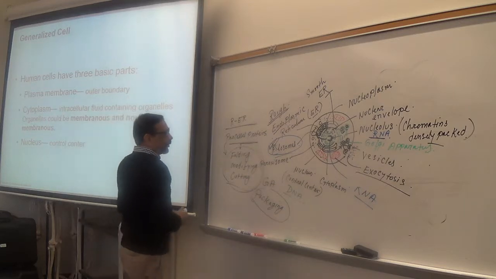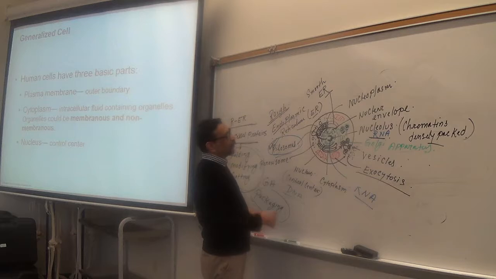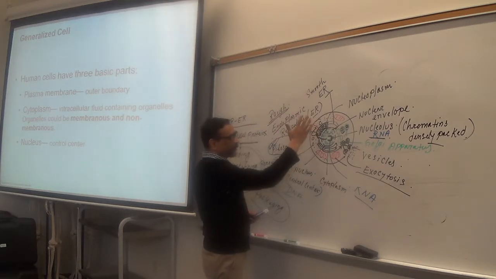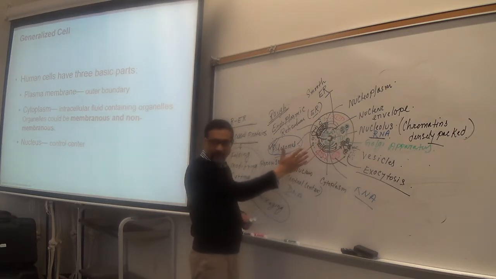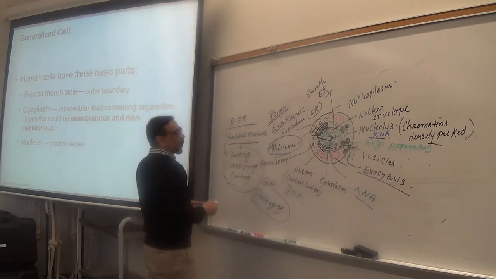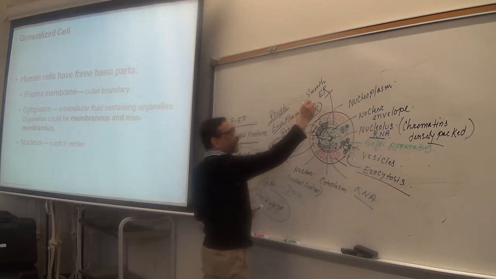Okay, so you now know the functions of ribosomes, rough endoplasmic reticulum, Golgi apparatus, vesicles, mitochondria, right? Different types of RNA, DNA. And let's see if anything is missing. This one, smooth ER.